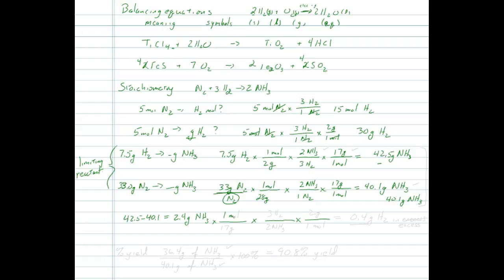1 mole of ammonia is 17 grams, which you got from here. 3H2 and 2 NH3, which is this fraction reversed, and 2 grams and 1 mole on the bottom. Do the math, and you get 0.4 grams of hydrogen gas in excess.